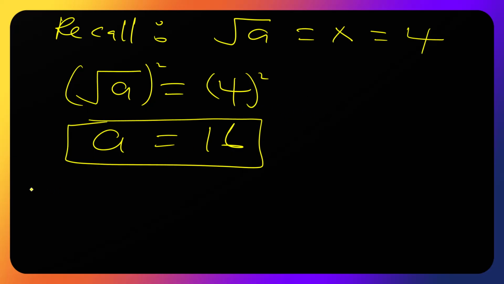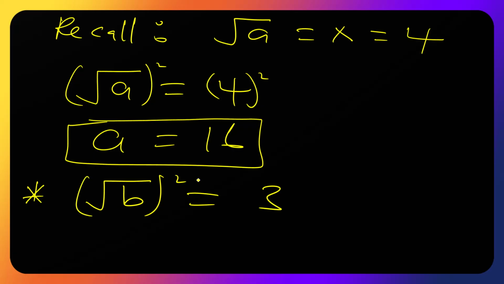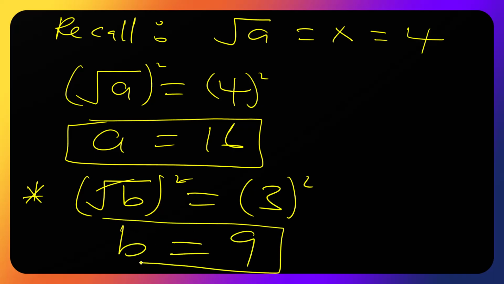Now from here, square root of B is also 3. And once we square both sides, B is 3 squared, which is 9. As simple as that.